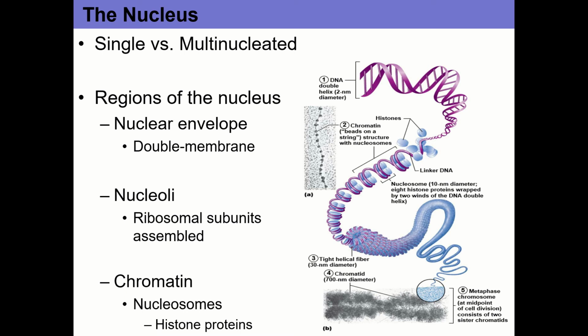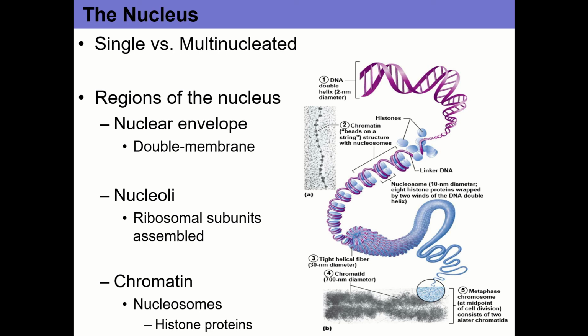So a nucleosome is the subunit, if you will, of chromatin. And so a nucleosome includes these 8 little histone proteins, which again look like flat discs, and then the DNA coils around that twice and then moves on to the next nucleosome, so the next batch of 8 little histone proteins that it'll wrap around twice. So again, that helps us consolidate lots of information in a relatively small space.